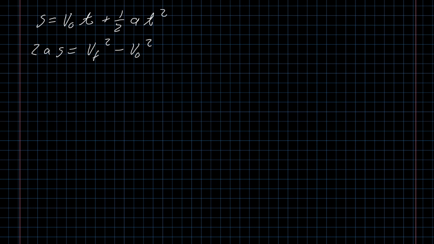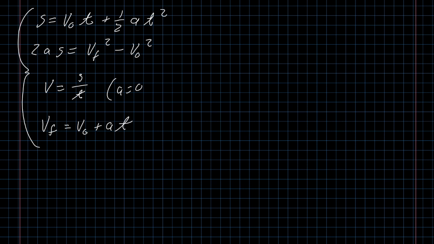Specifically, s equals v naught t plus 1/2 a t squared, and 2as equals vf squared minus v naught squared. Combine those with the earlier equations, and these four equations are the equations of kinematics.